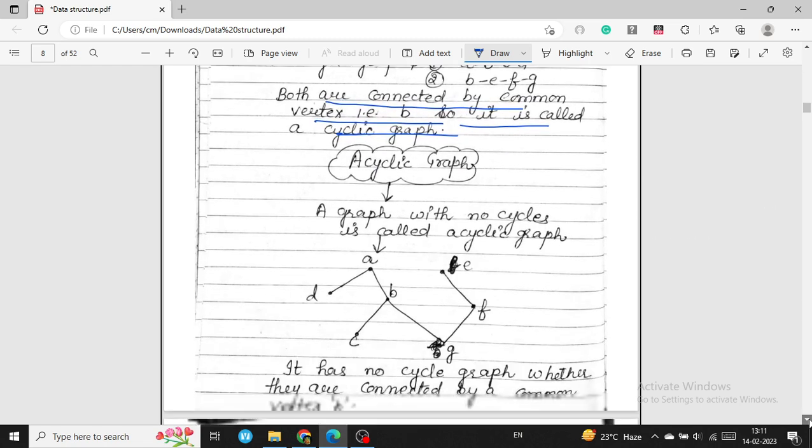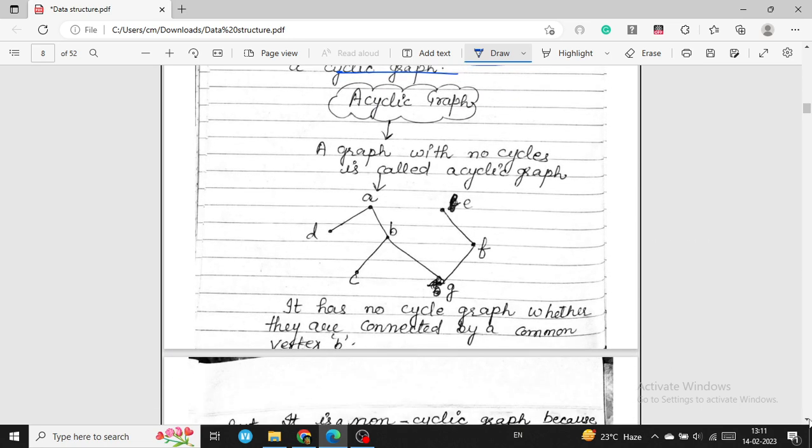Now next is an acyclic graph. A graph with no cycle is called an acyclic graph.